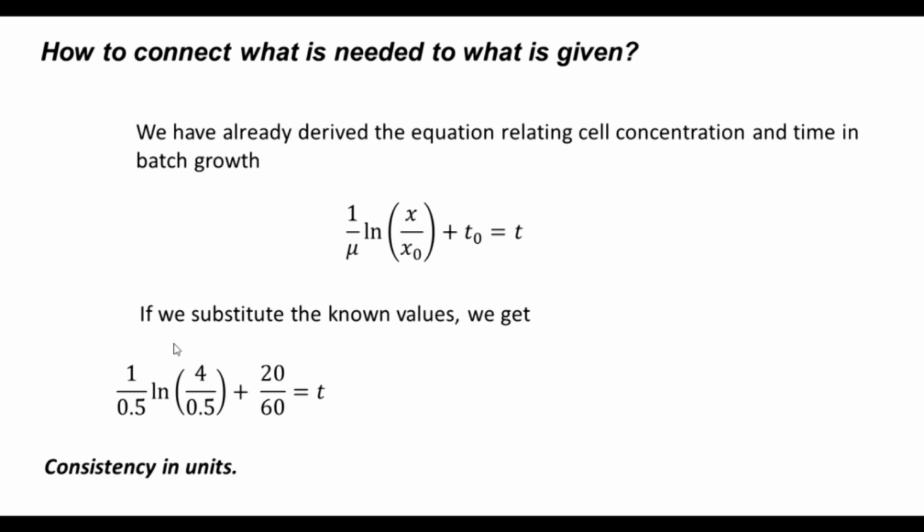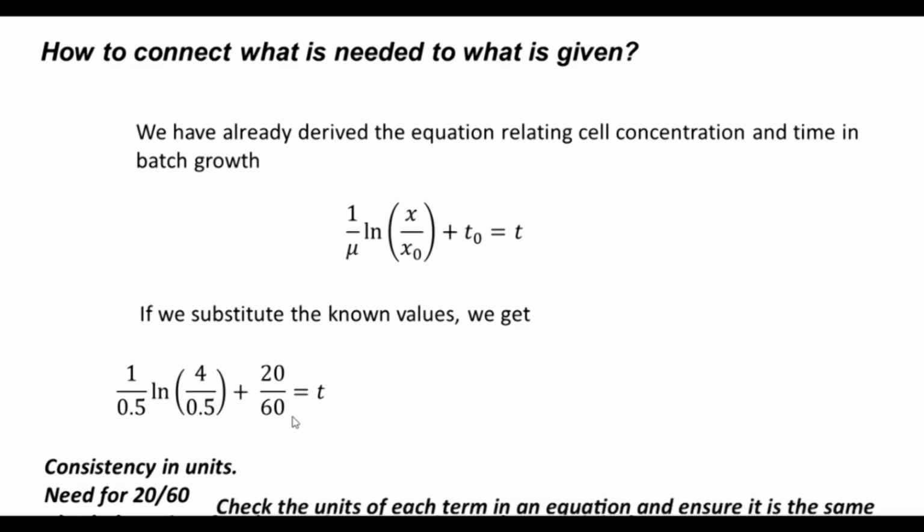We have checked for the consistency in units, each term having the same system of units, and the need for 20 by 60 we saw. It's always good to check the units of each term in an equation and ensure that it is the same.